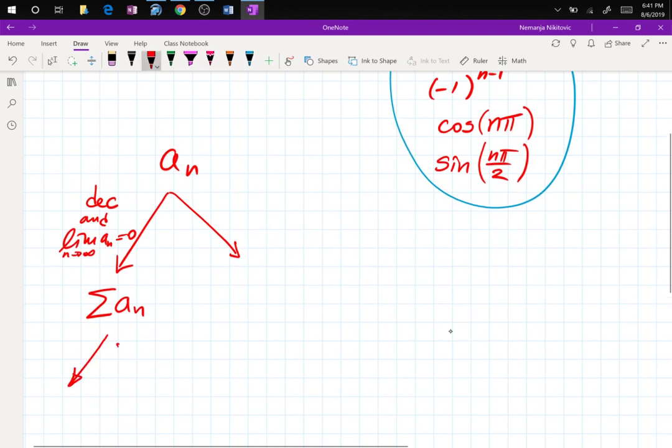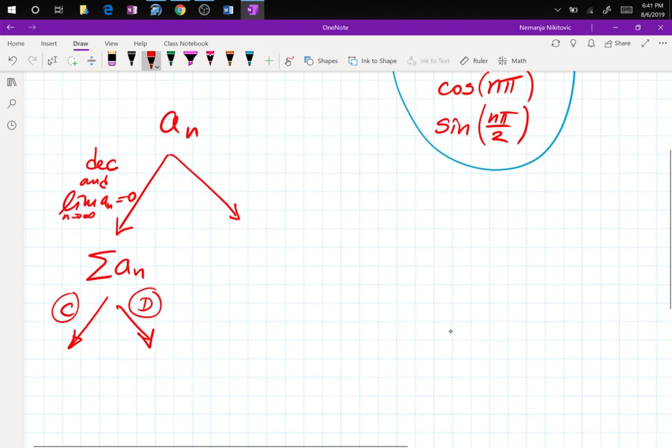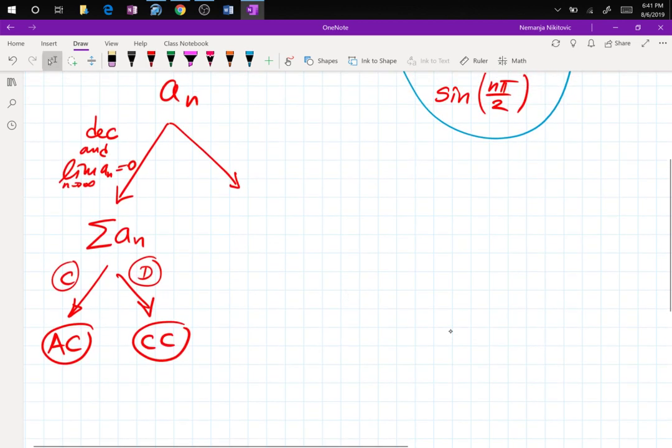And then that one either converges or diverges, which leads into what we call absolute convergence or conditional convergence. I'll explain all of this from scratch. Let me just spell it out. Absolute convergence, conditional convergence.